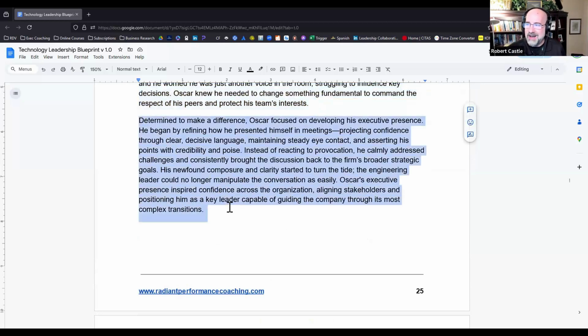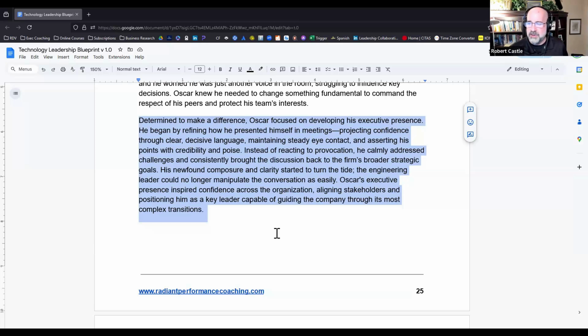Determined to make a difference, Oscar focused on developing his executive presence. He began by refining how he presented himself in meetings, projecting confidence through clear, decisive language, maintaining steady eye contact, and asserting his points with credibility and poise. Instead of reacting to provocation, he calmly addressed challenges and consistently brought his discussion back to the firm's broader strategic goals.